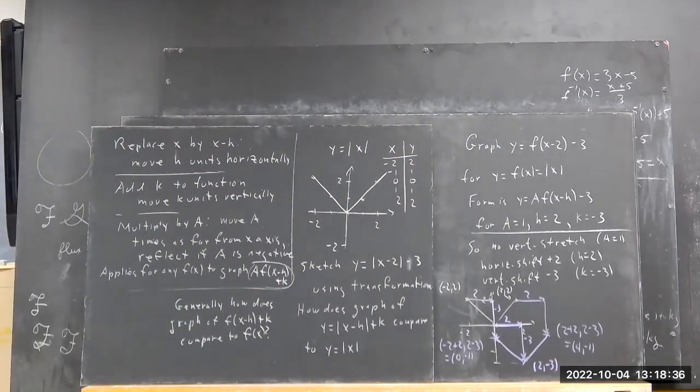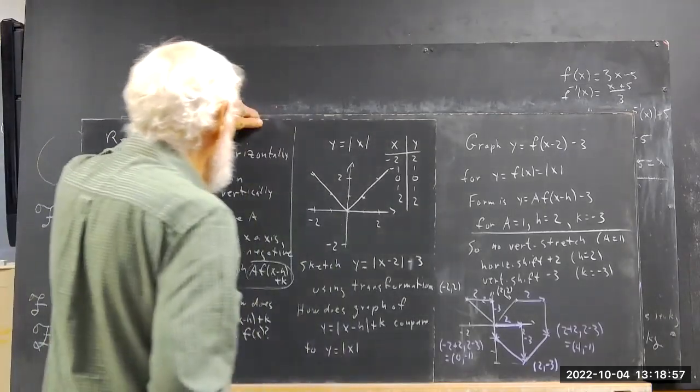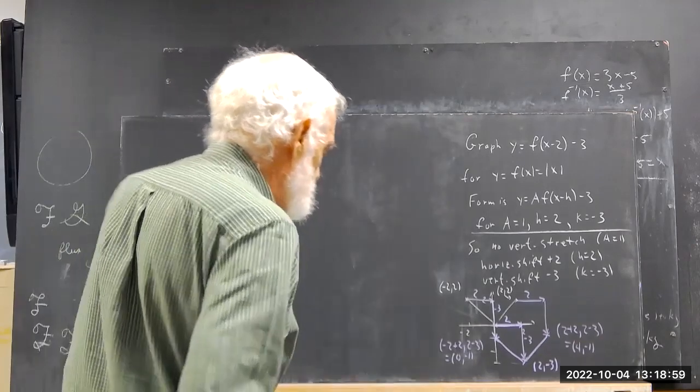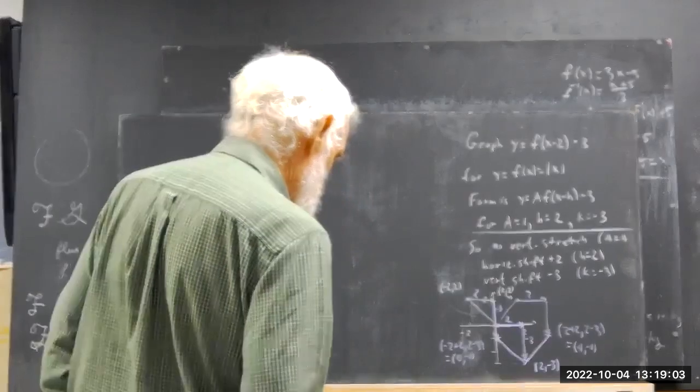Make sure you understand all those steps. It's probably simpler for this function than it is for any of the other functions. You really only have to look at 3 points. Okay. Now let's just stick with this function.